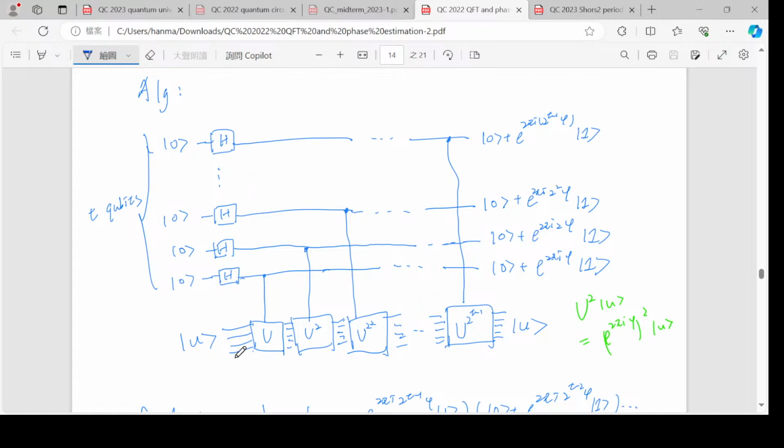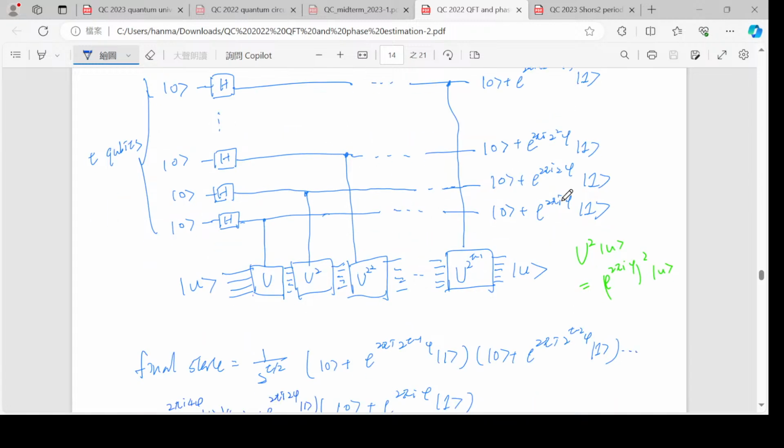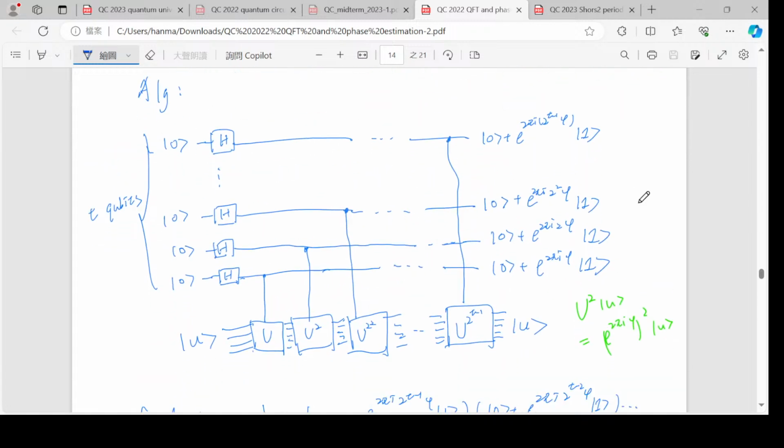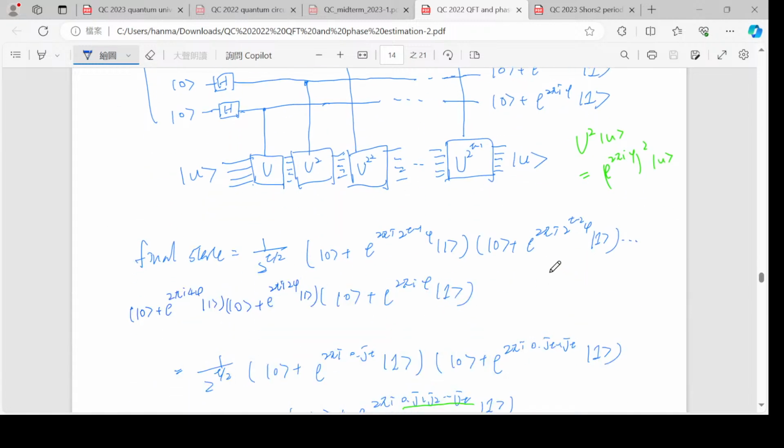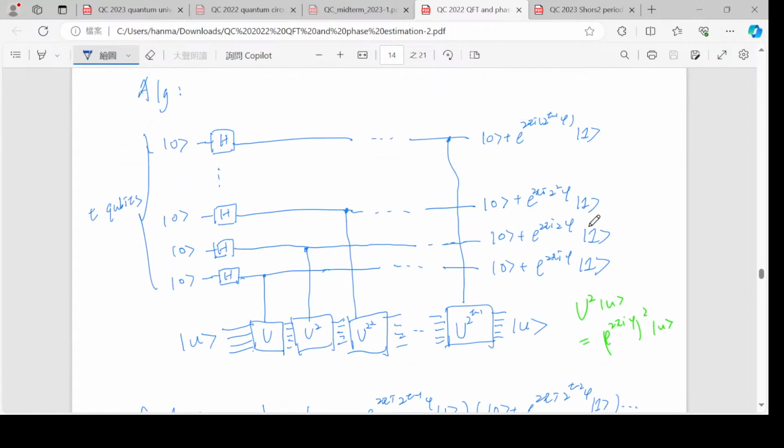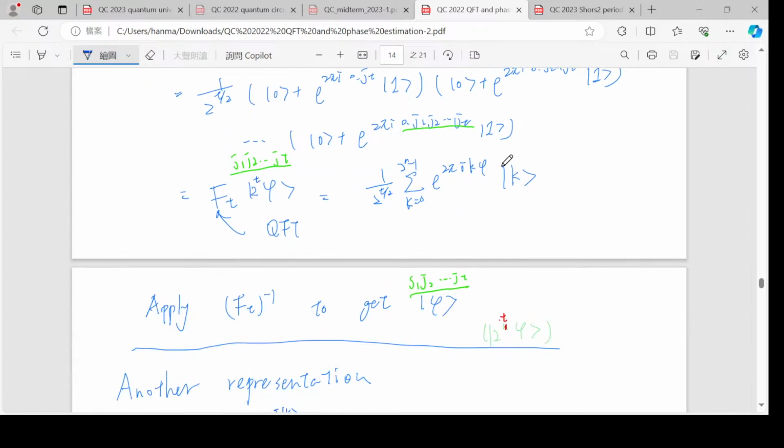So you do Hadamard, then with each bit you do this controlled U to the 2 to some power on your testing eigenstate, and then you get phase kickback to all those record qubits or control qubits, and then you see that this is exactly the Fourier transform of your phase, when your phase is a bit string. Okay?